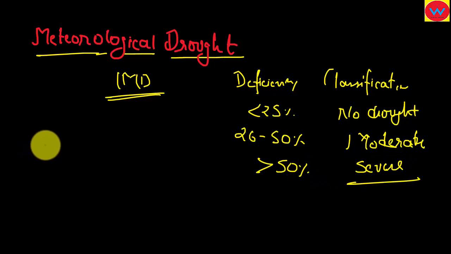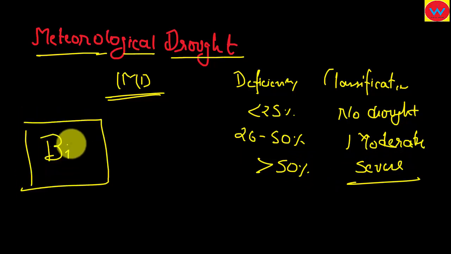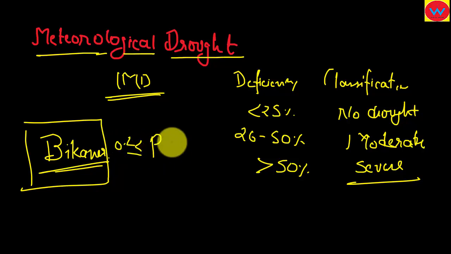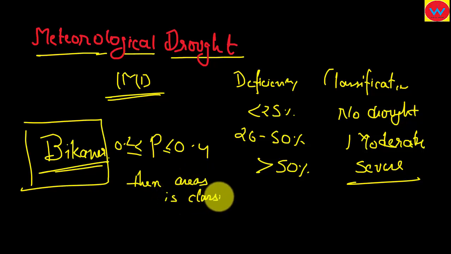If drought occurs in an area, let us say the Bikaner area in Rajasthan, here we say that if the probability of occurring drought is between 0.2 to 0.4, the area is classified as a drought prone area, meaning there is high probability of drought occurring in this area.